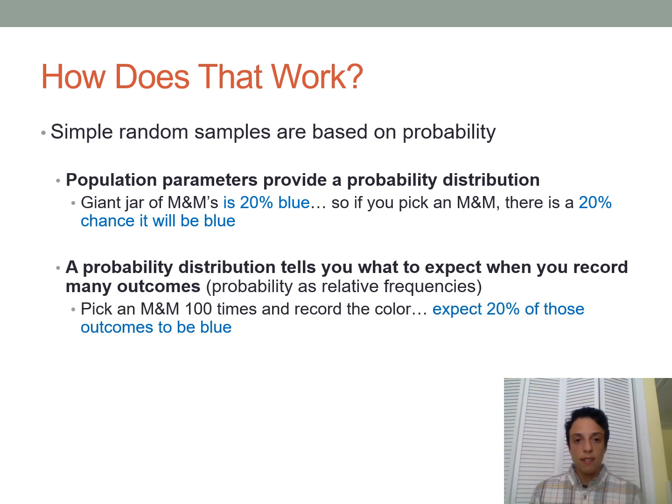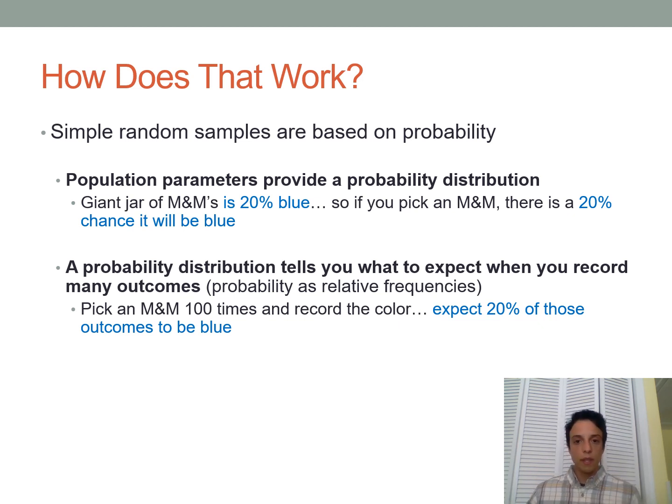We can also think about this in terms of our giant jar of M&Ms. So let's say we've got our really, really, really giant jar of M&Ms, and 20% of those M&Ms are blue. If you were to pick out an M&M 100 times and record the color each time, you'd expect 20 out of those 100 outcomes to be blue. So for each one, you have a 20% chance it's blue.